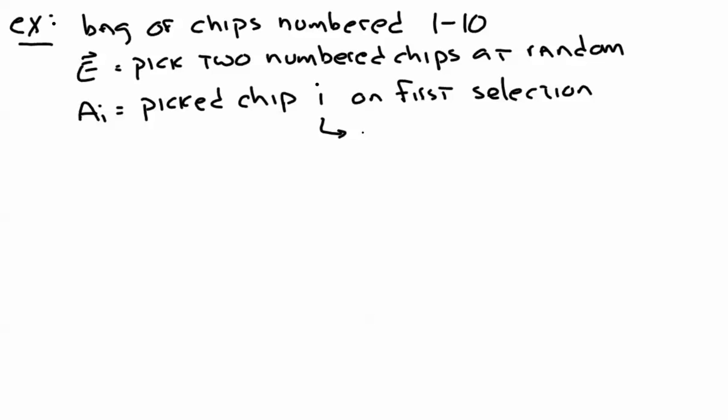And i, of course, is going to be an element of the set of integers 1, 2, 3, all the way up to 10. And I'm going to let event B equal the event that we picked the chip with 5 on it on the second draw.